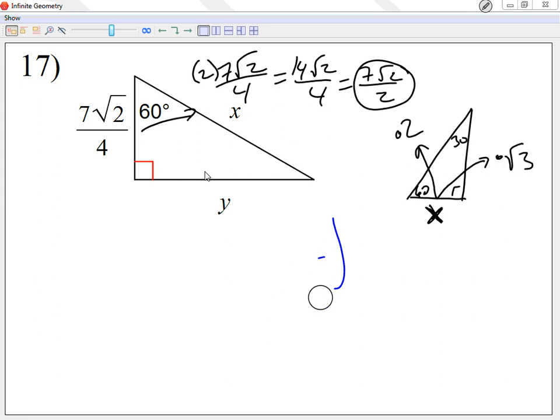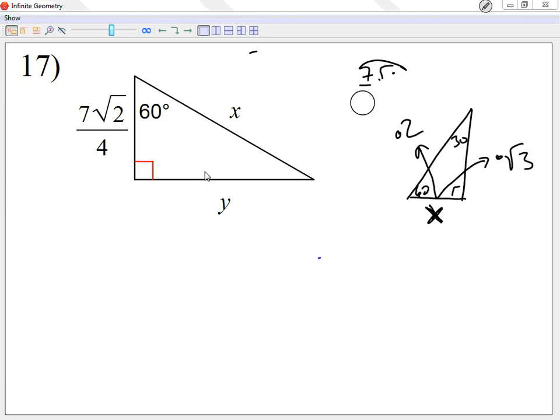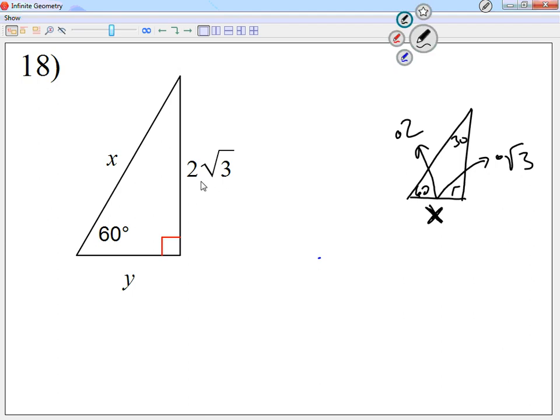Let's take a look at number 18. I want to get to the small side. If I had the small side to get to here, I multiply by radical 3. So since I'm going backwards, let me divide by radical 3. The cool thing is that the radicals cancel out, so I just get 2.